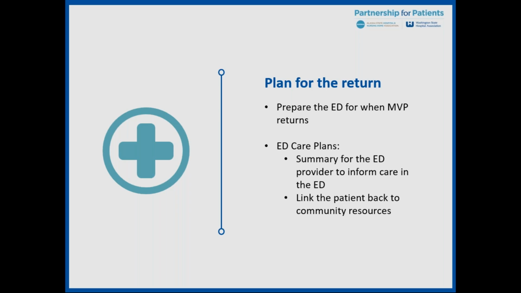But if they're returning with their stable chronic medical conditions and they're really coming back to have their unmet needs met, then we want to arm the emergency department with information that tells them about the driver of utilization, what that plan is, and how to connect them back to the community to have their needs met. And we have a system in place in our emergency departments through EDDI where we can easily share that care plan and that infrastructure.